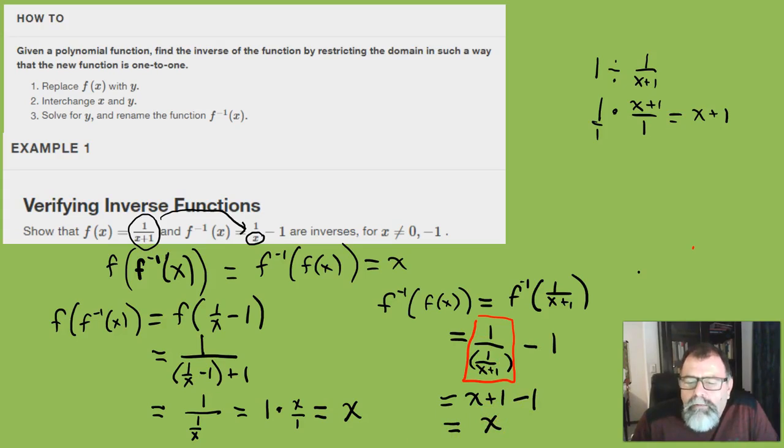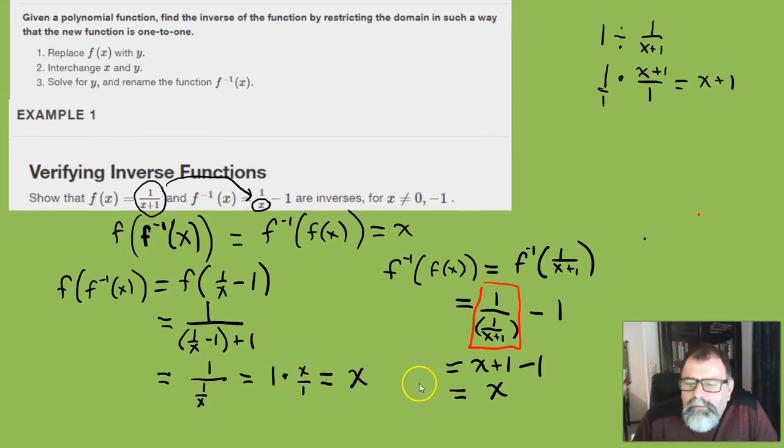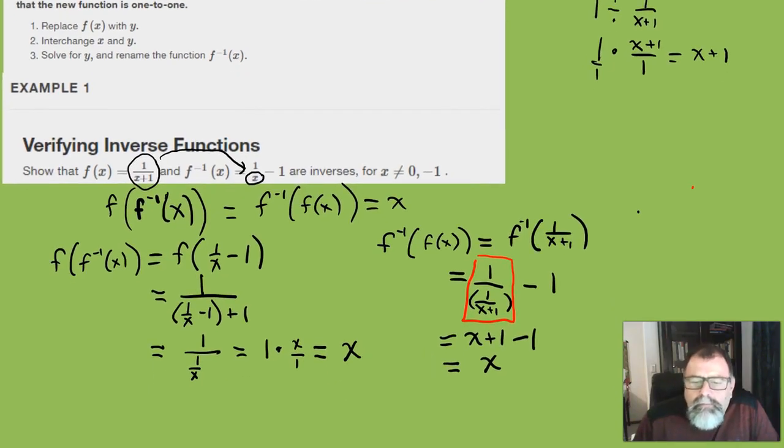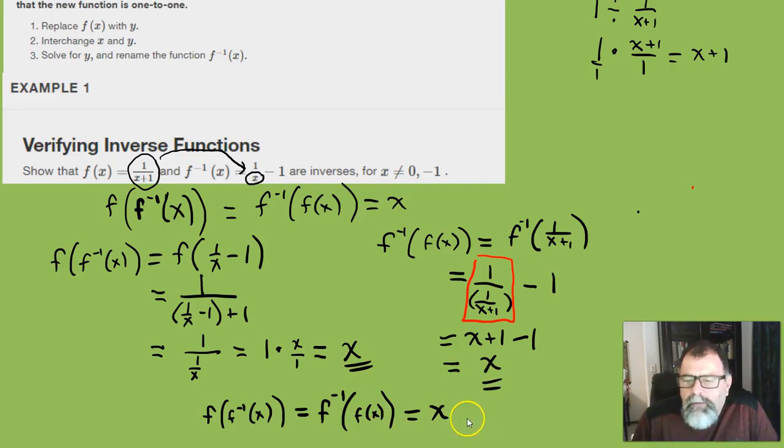So now we have proved that f and f inverse are inverses of each other, because f of f inverse of x equals f inverse of f of x, and both of those were both equal to x. Okay, so that's our check.